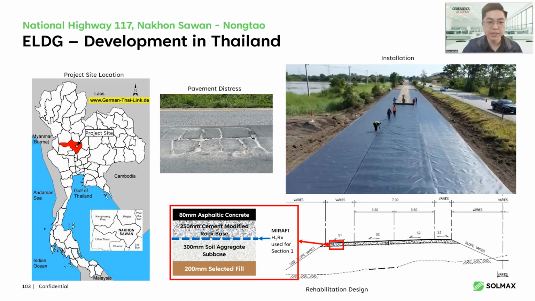And this highway was completed in the 1990s, and it actually has a lot of problems like pavement distress, and it requires repairs and overlaying again and again. And so the client was intent to find a solution, and the ELDG appears to be an innovative solution for this highway.